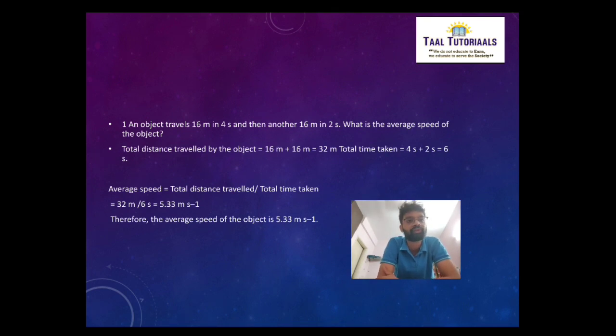The total time which was taken here was 6 seconds. So average speed is equal to total distance by total time, that is 32 divided by 6, and it became 5.33 meter per second. Therefore, average speed of the object is 5.33 meter per second.